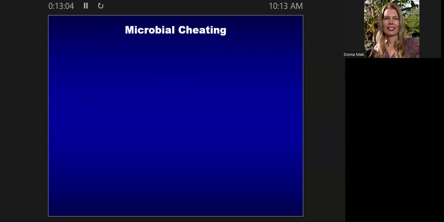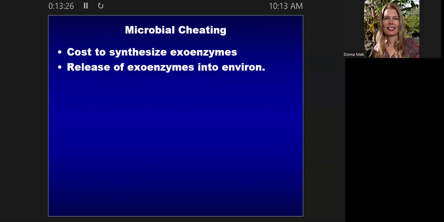I mean, if you are a savvy microbe, you know that it costs energy to make these enzymes, resources, energy. You have to expend some ATP most likely, and then to build these exoenzymes, all those amino acids, string them together, get a nice protein out of that, excrete it out of you. That's work and effort and resources. So you could see where some microbes might be going, I'm a little low on resources right now.